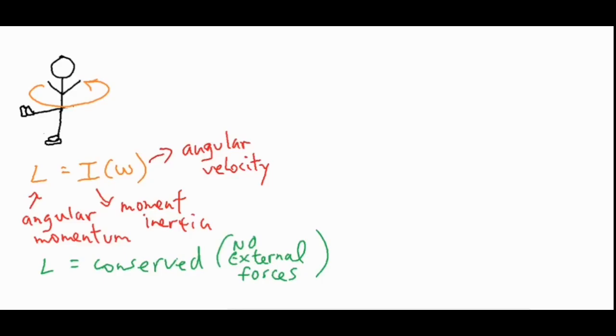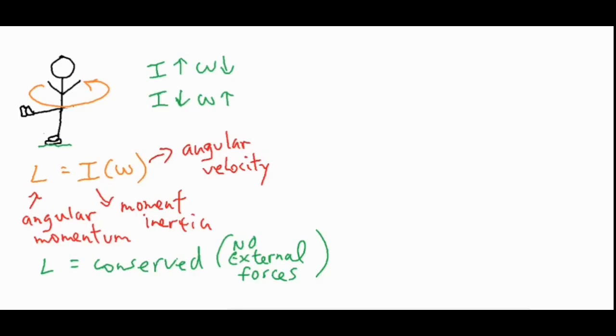So if the system is basically just the person over here spinning on a frictionless surface, then we're going to say the angular momentum is conserved, which means the product of your I and omega would be the same exact number. So what happens is if you increase the rotational inertia, then you would decrease the angular velocity, and vice versa. If you were able to decrease that moment of inertia, then your omega value would increase.